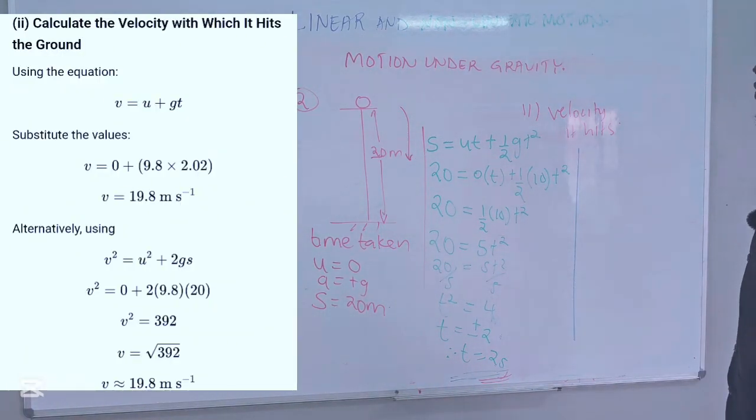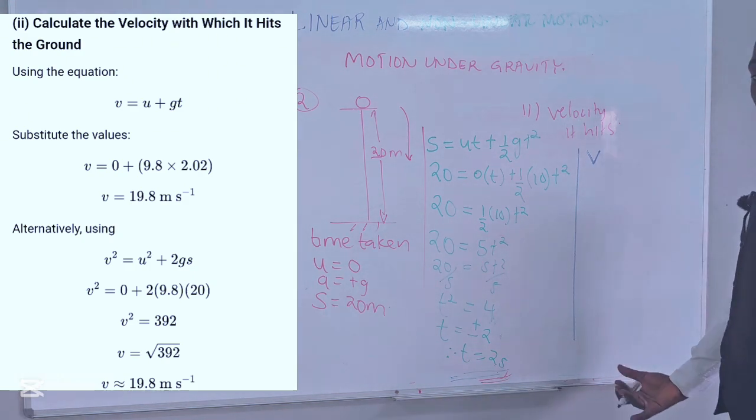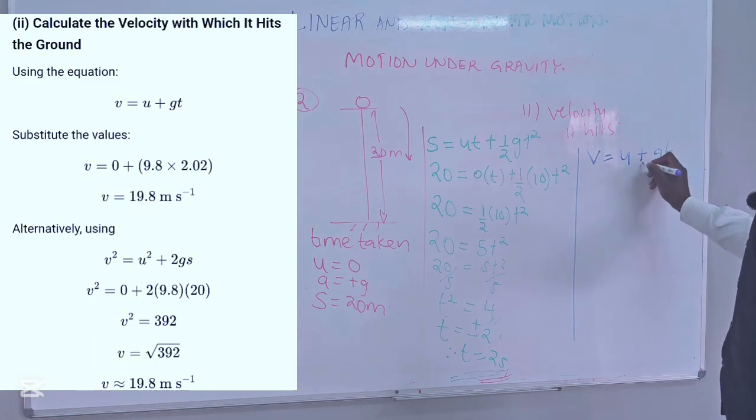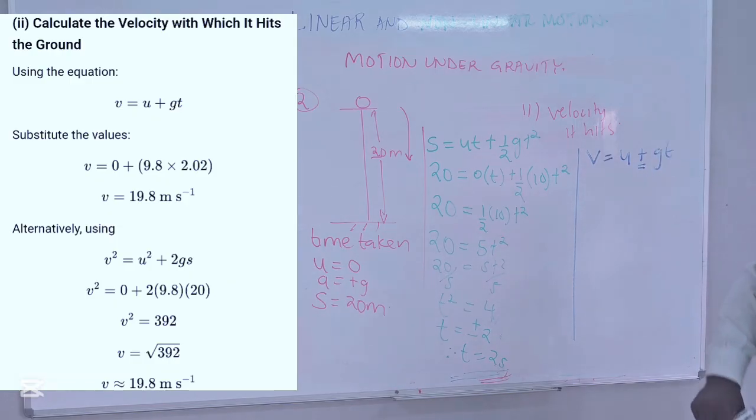So we need an equation which has velocity, and that is likely to be the third or the first. We can use either the first or the third equation. Let's use the first equation, v = u + gt. I'm using a plus because it's moving downwards.